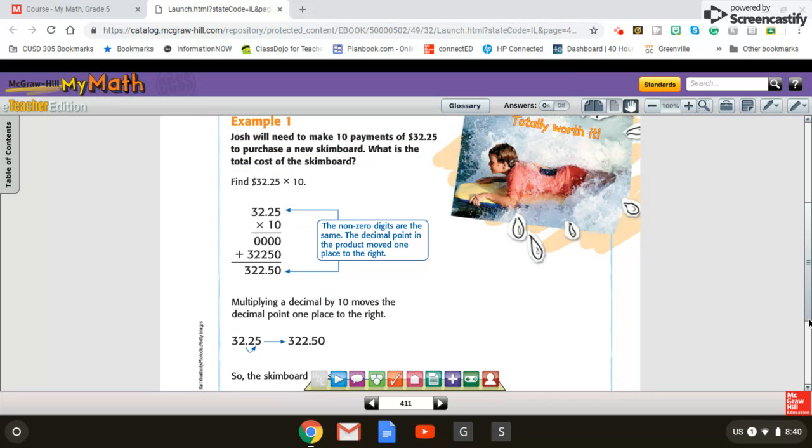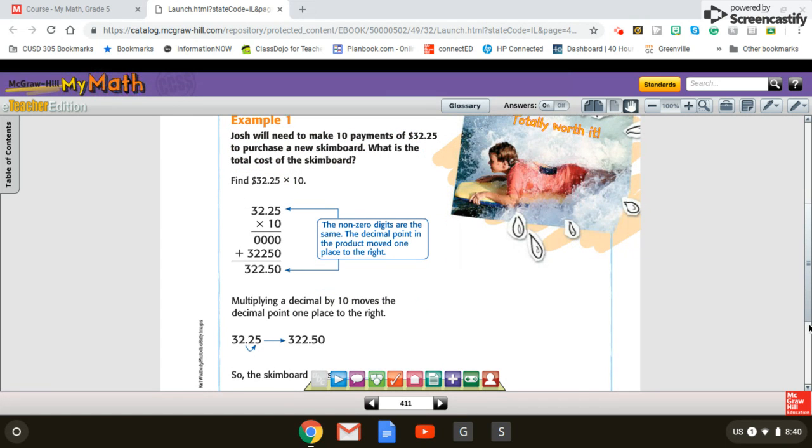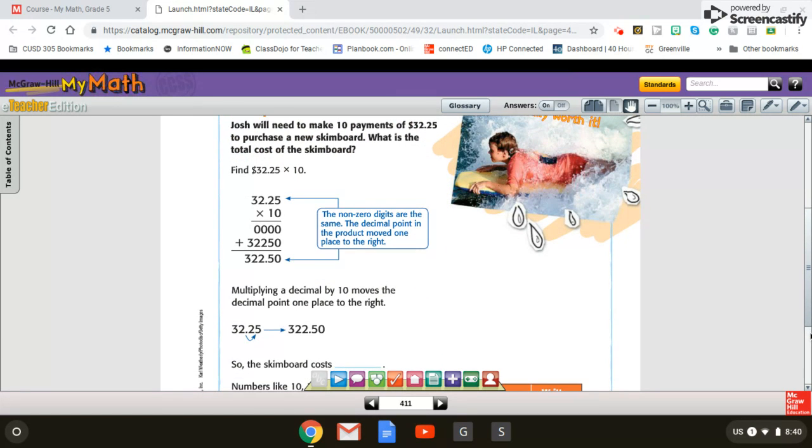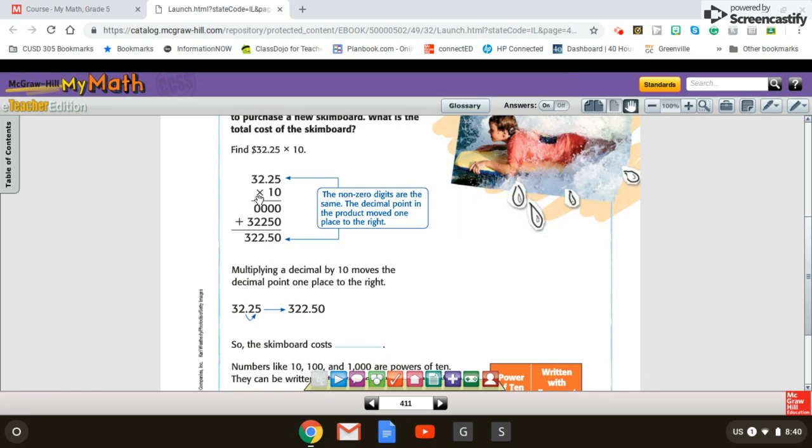Multiplying a decimal by 10, move the decimal point 1 place to the right. So if the number you're starting with is $32.25, you move your decimal point 1 place to the right, and you've got $322.50, which is what our answer was when we did all of the multiplication here. When you multiply by 10, you're going to move your decimal point 1 place to the right.